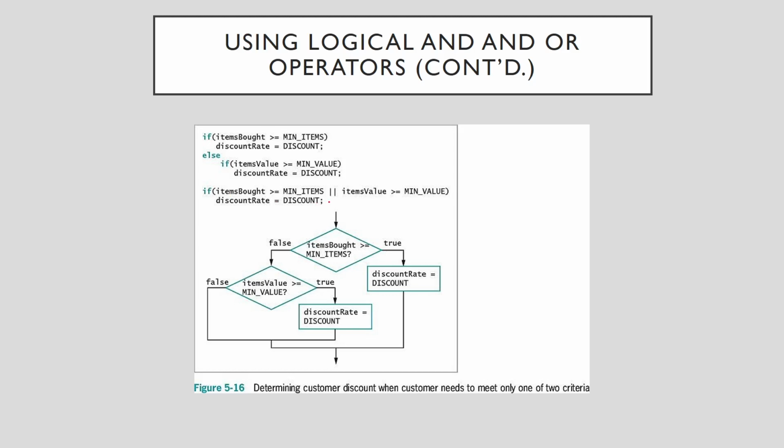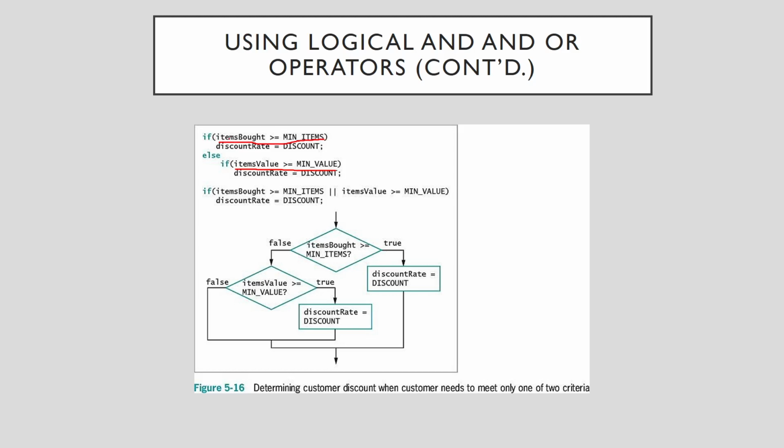Using the logical or operator on this if else statement, where there is an if under the else statement. Meaning, if the first Boolean expression is false, there is another condition to be evaluated: if items value is greater than or equal to min value, then discount rate is equal to discount.